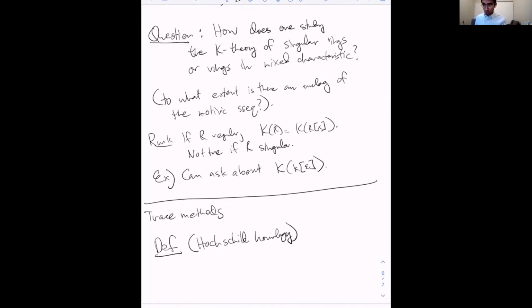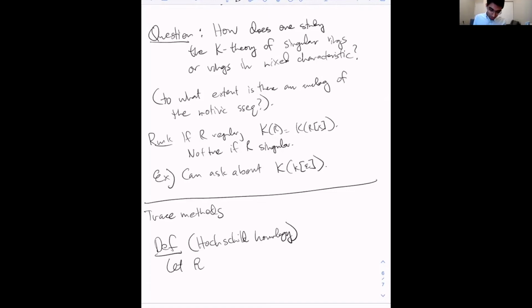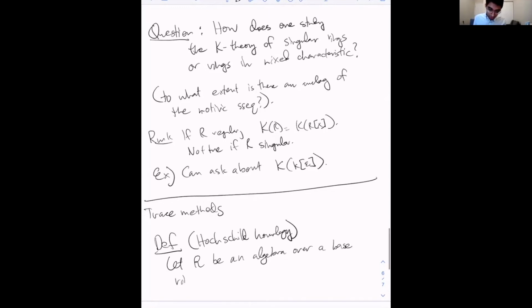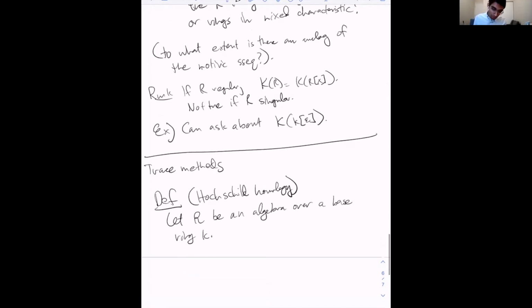So let R be an algebra over a base ring K, and I'm going to assume R is commutative for simplicity.